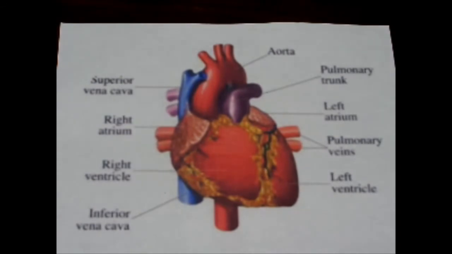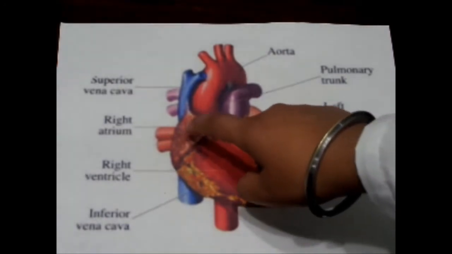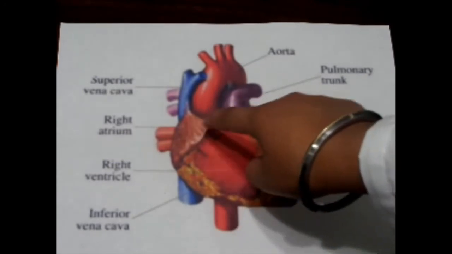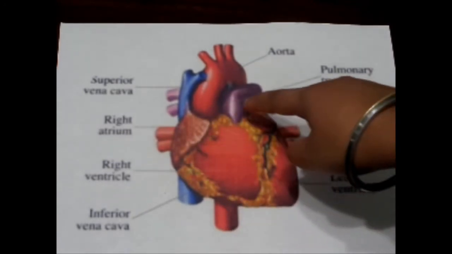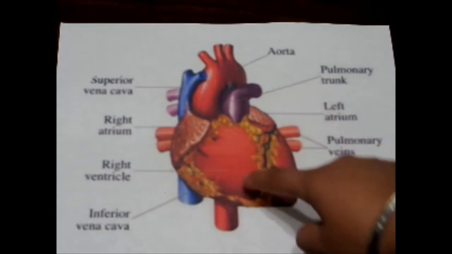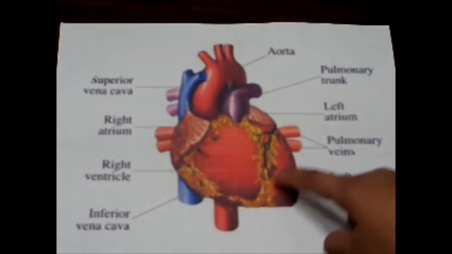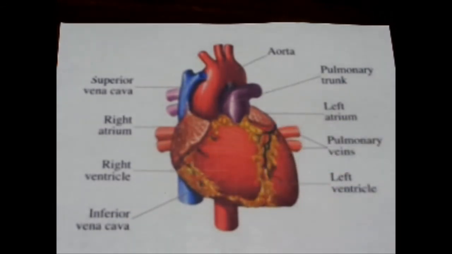This is just the outside of the heart, so it's not going much into the detail. If you were to slice this heart in half, you would see the right atrium right about here, the left atrium right about here. The right ventricle would be right about there, and the left ventricle would be right there. And in between them, as I said, are valves.